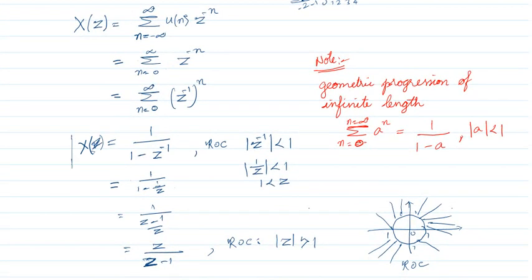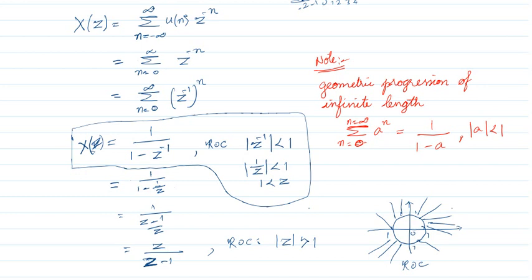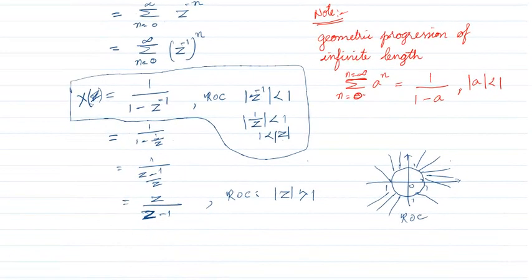I can stop here also, along with the ROC: magnitude of z is greater than 1. Or else I can write in another form, z power minus 1 as 1 by z, then taking the LCM, z by z minus 1, bringing the z to the numerator. This is also a correct answer.